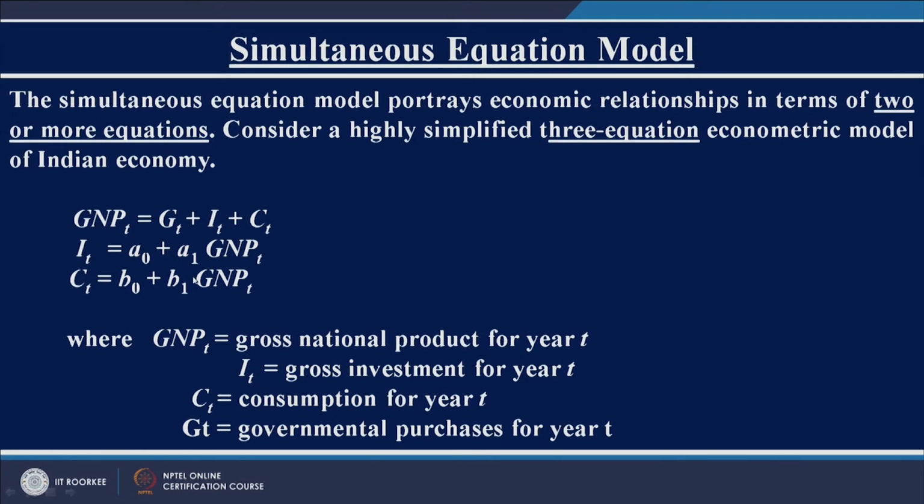So, you have got CT here, consumption, GT, government purchases, and IT is investment. Again you can find out gross investment is a function of this, then CT, consumption, is a function of this. So, you can have three different equations. So, this is simultaneous equation model.